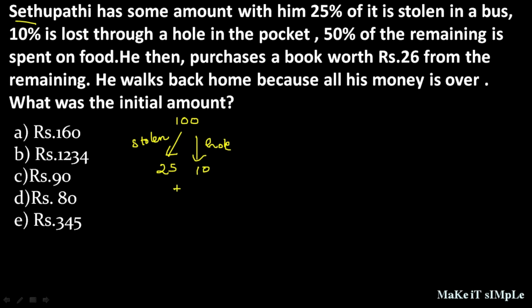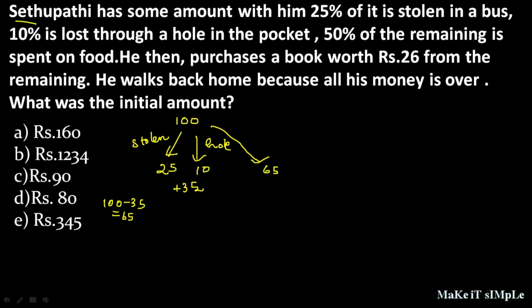So totally 35 units now. Next, what they are telling, from the remaining. The total lost is 35, so 100 minus 35, that is 65.